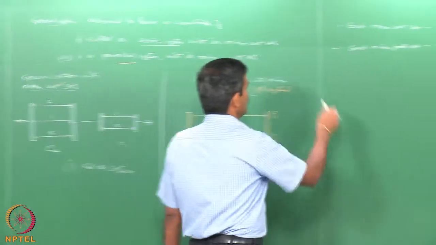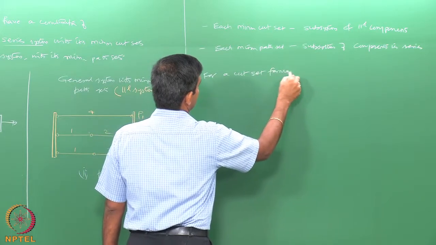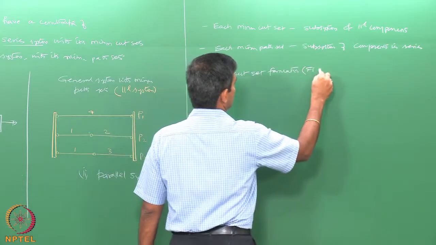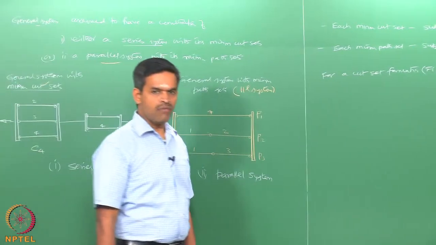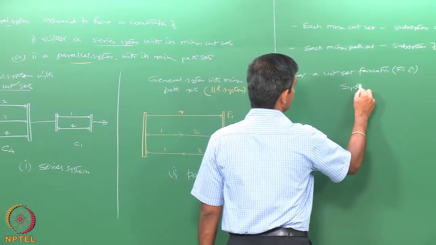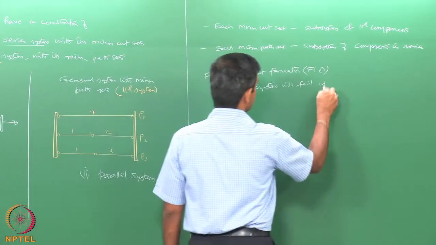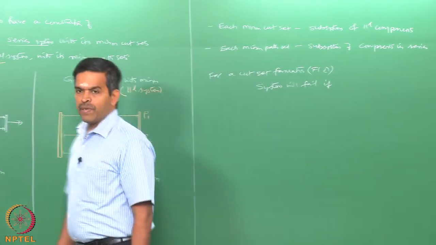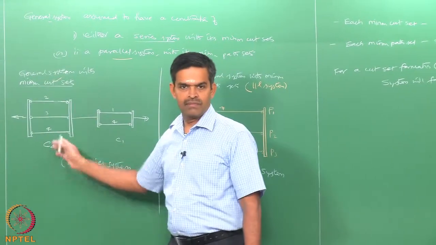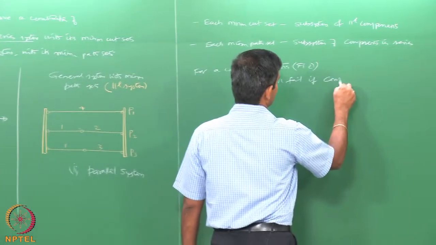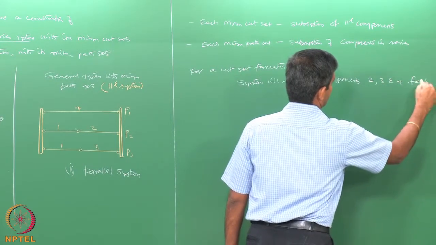Now, for a cut set formation, which can be seen in figure 1, the system will fail if components 2, 3 and 4 fail, because it is a parallel system. Okay. Is it clear?